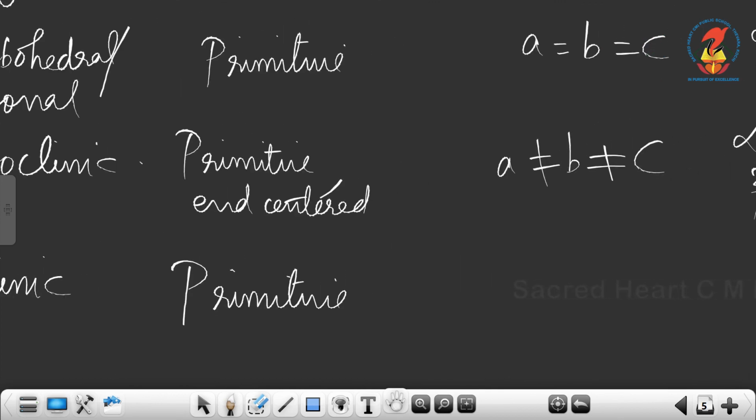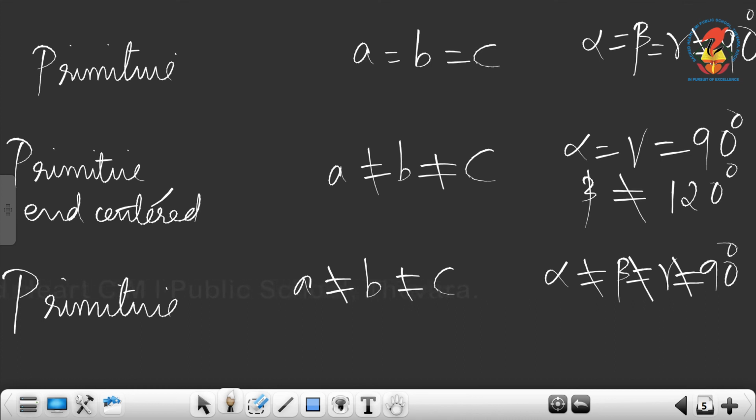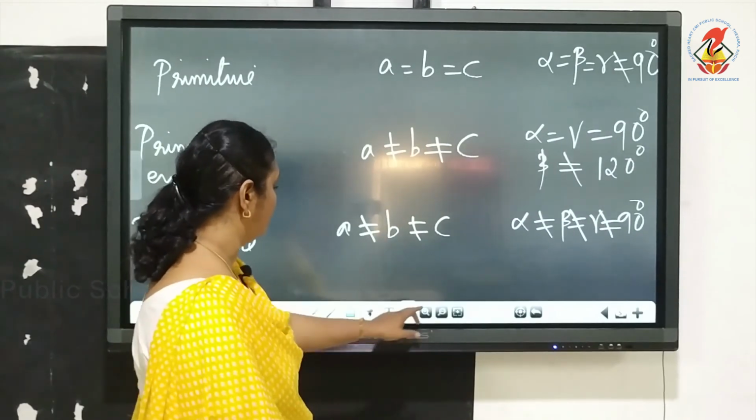And the edge length is A not equals B not equals C. And the axial angle is alpha not equal to beta not equal to gamma not equal to 90 degree. So these are the 7 crystal classes.